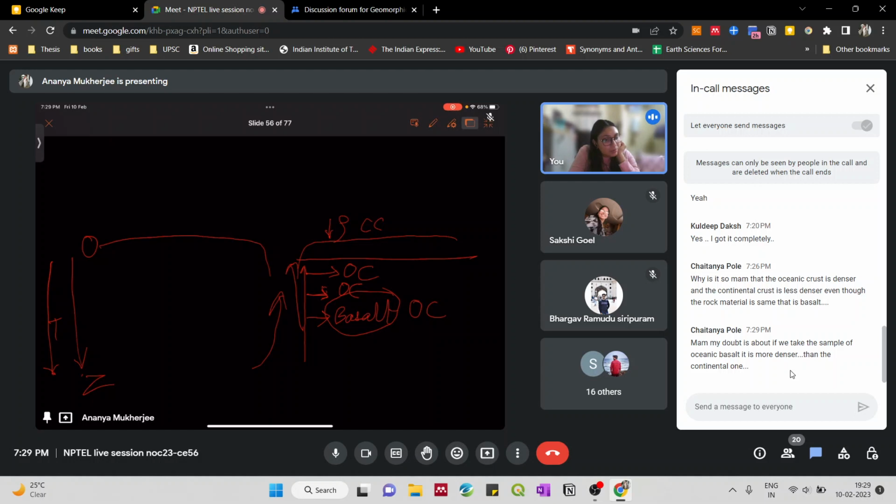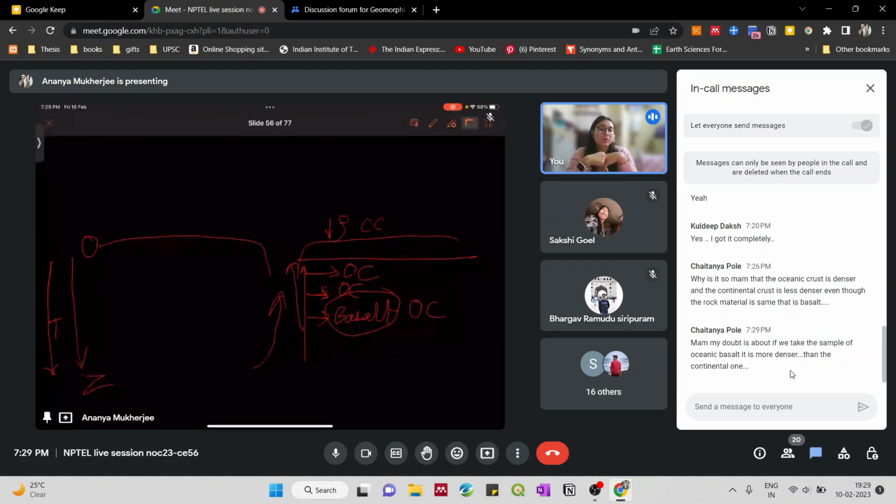If you take an oceanic basalt and a basalt that is found on the continent, the one in the ocean will first of all differ in composition. And the density, if you measure with proper laboratory processes, you will find that the oceanic crust one is denser than the one found in the continent.